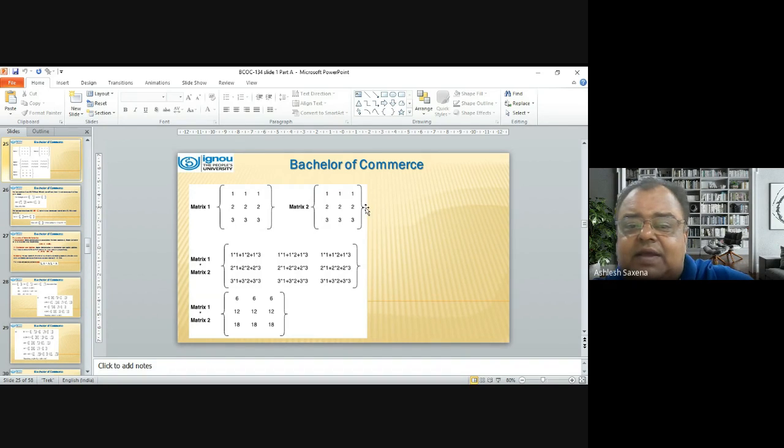Again this way, come down. 3 into 1, 3 into 2, and 3 into 3, 9. This comes out to be 18. This way, come down. 3 into 1 plus 3 into 2 plus 3 into 3. Again, it comes out to be 18.